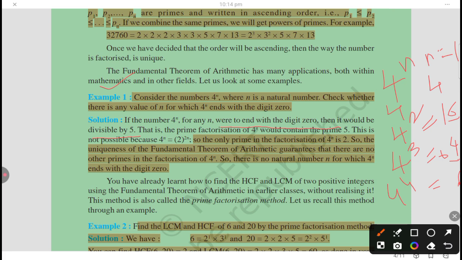But this is not possible, because 4 power n equals (2 squared) whole power n, which is 2 power 2n. So the only factor in this factorization is 2. Only 2 is a factor. So the uniqueness in the fundamental theorem of arithmetic guarantees that there are no other primes in the factorization of 4 power n. So there is no natural number n for which 4 power n ends with the digit 0.